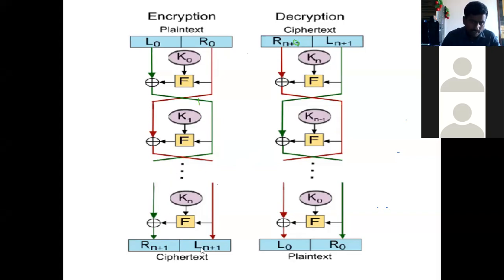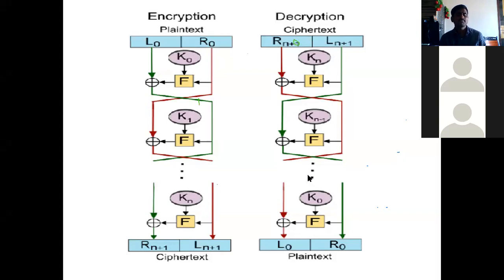And this we take as an input to the decryption. Where we stopped the process, Rn plus 1, Ln plus 1, this will be given here. See here, Rn plus 1, Ln plus 1. Here we started with K naught to Kn; in reverse, we start here with Kn to K naught.